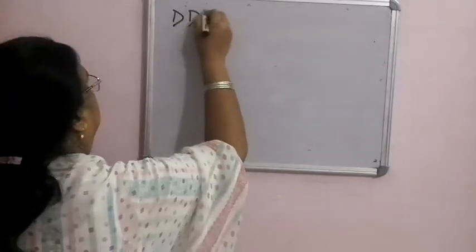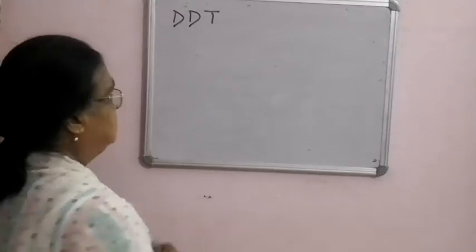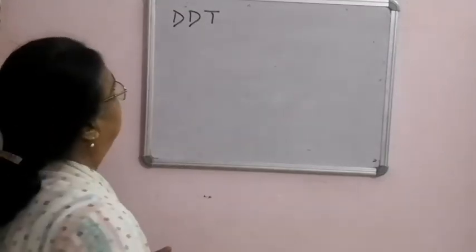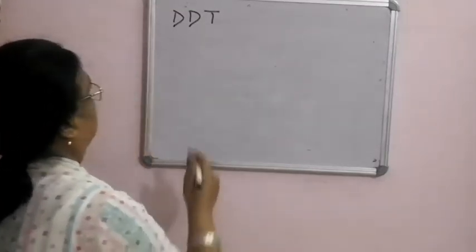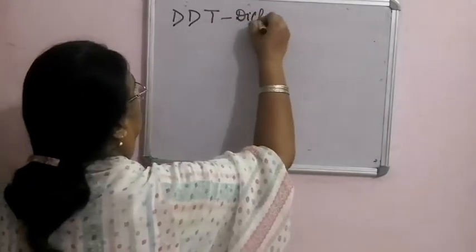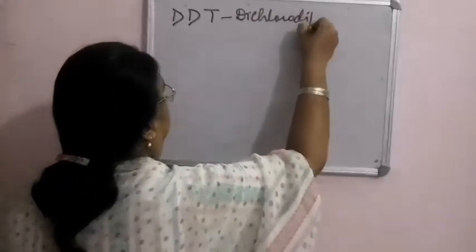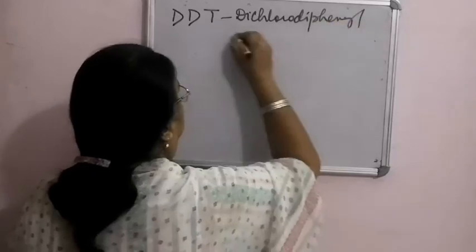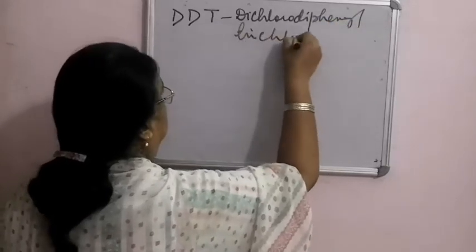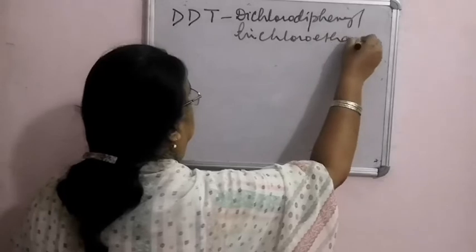Now preparation of DDT. DDT is dichloro-diphenyl-trichloroethane.